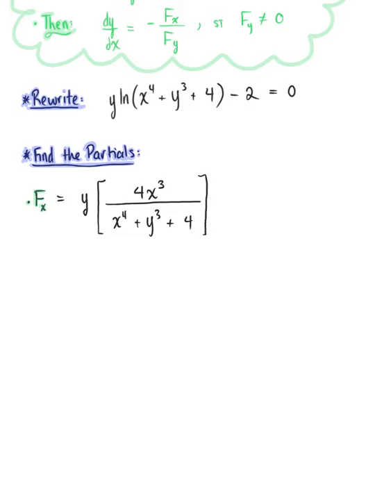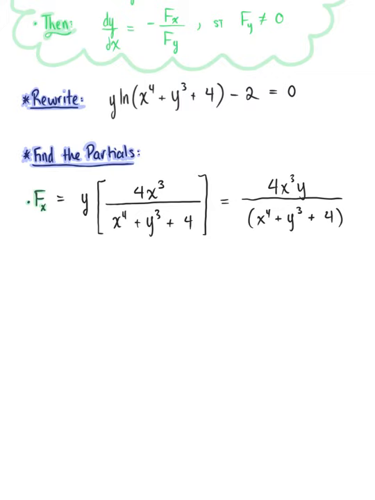And that 2 differentiates to 0. We can leave it like this, or we can rewrite this as 4 times x cubed times y, all divided by x to the fourth plus y cubed plus 4.